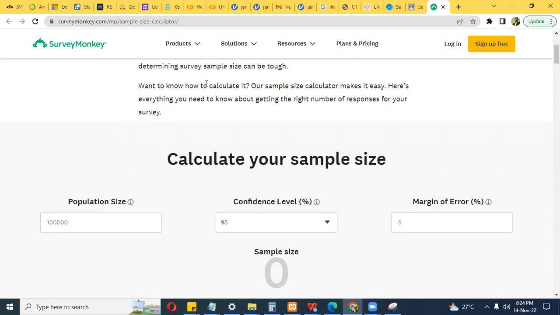This was even there before Google Forms had any shadow. We had SurveyMonkey 10, 12, 13 years ago. So you could use that to also calculate sample size, 200,123,123.